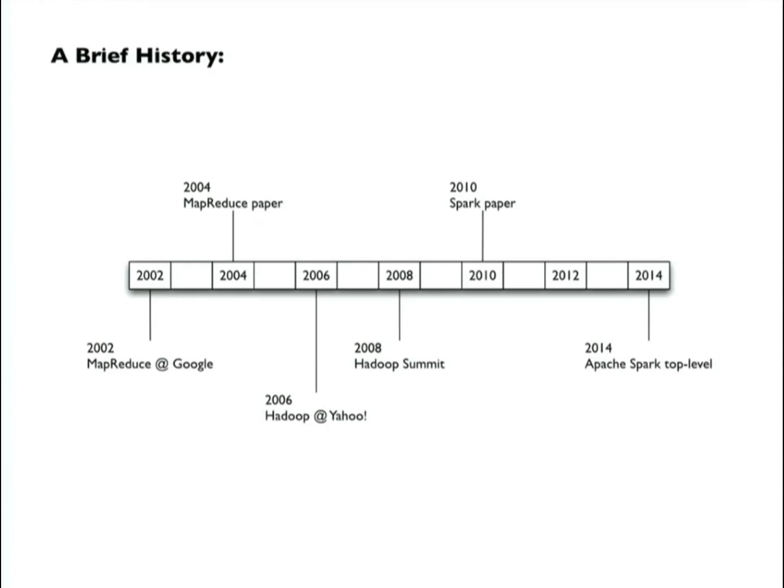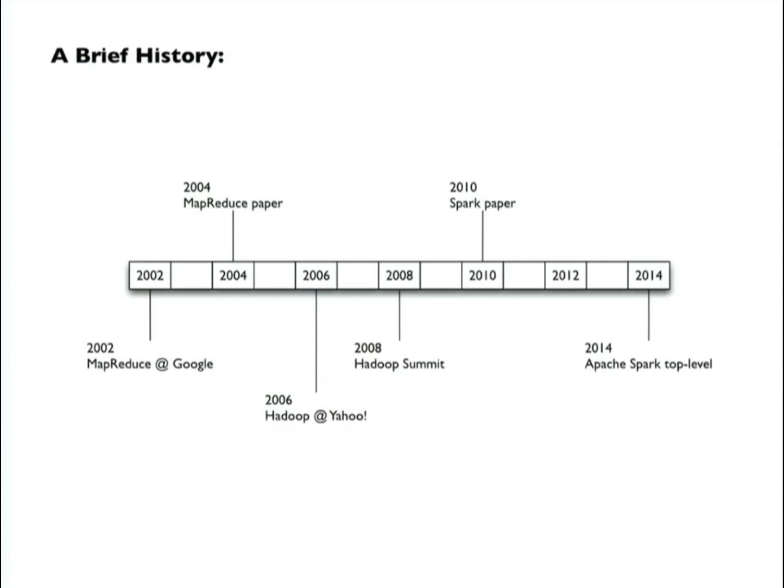Then rolling the clock up to 2014, Spark went through the Apache incubator process, became top level at Apache earlier this year, and subsequently made record progress in reaching the 1.0 release status. It was a very, very quick process.